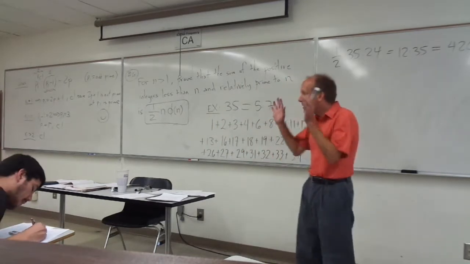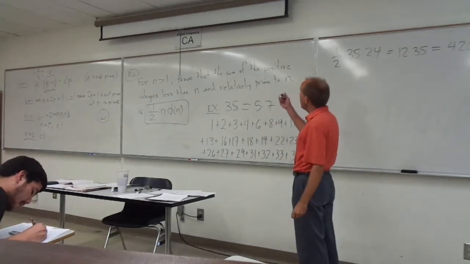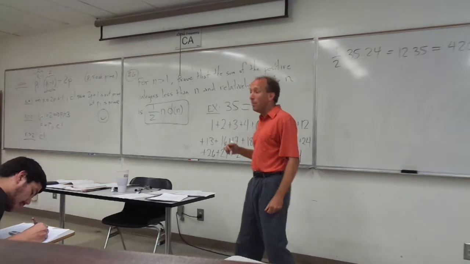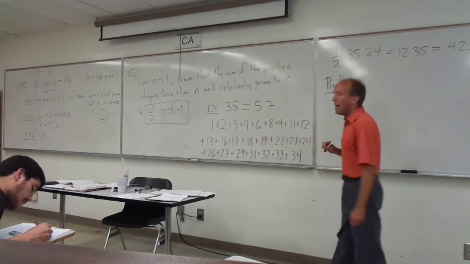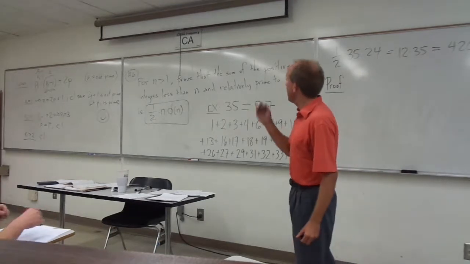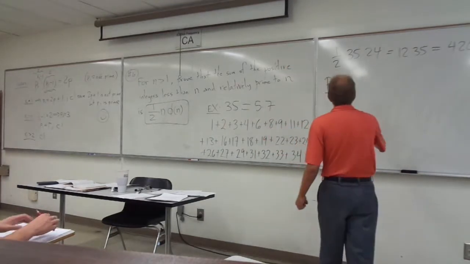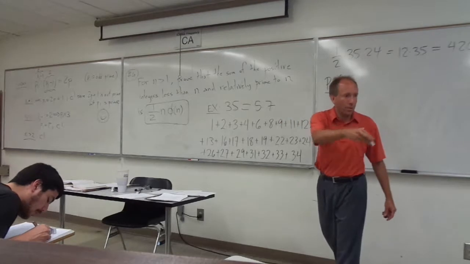So basically, let's write down the numbers that are being added up. For the proof, I'm going to imagine that these numbers that are less than n and relatively prime to n are listed as A1, A2, A3, and so on.